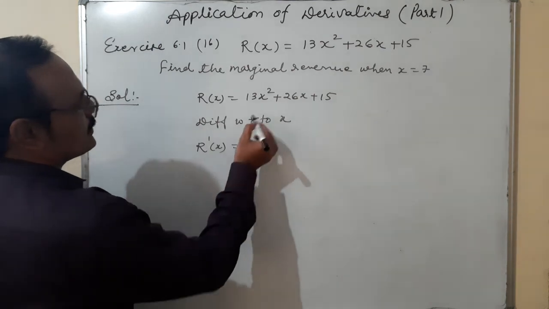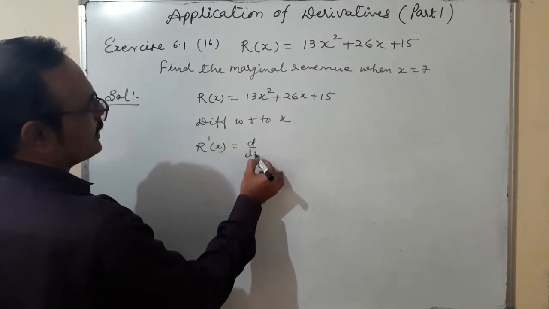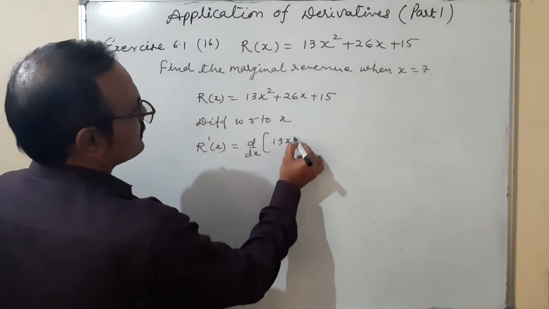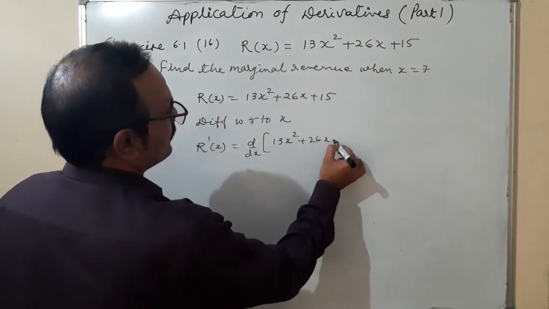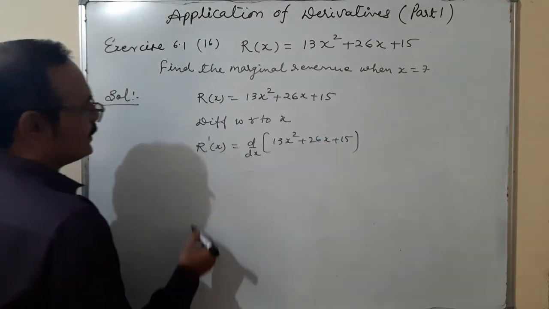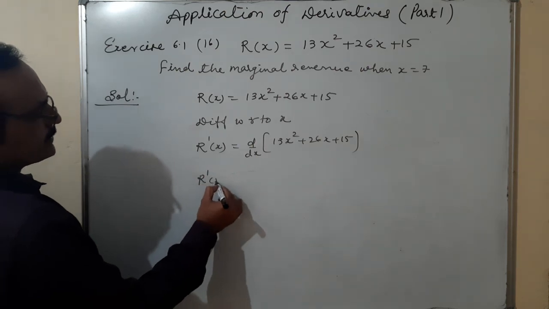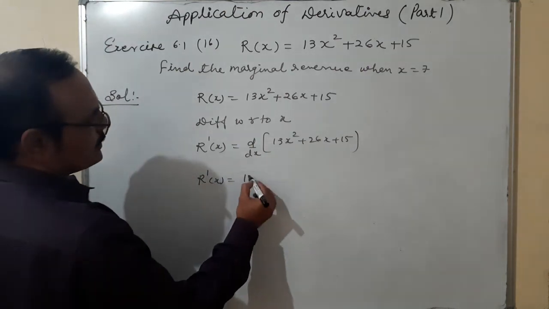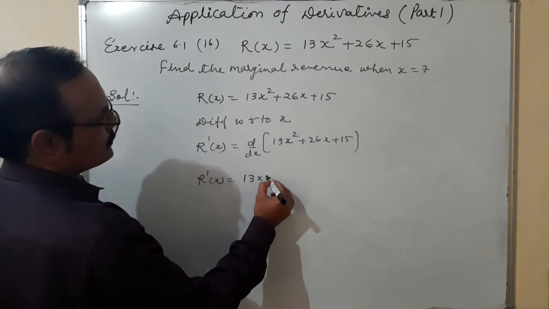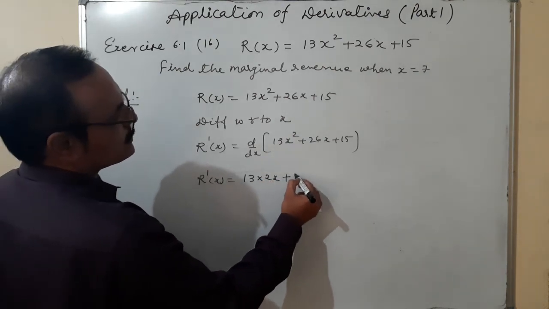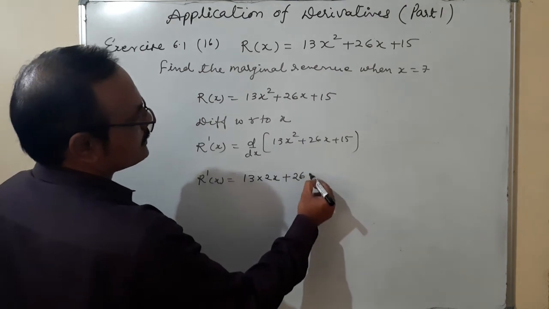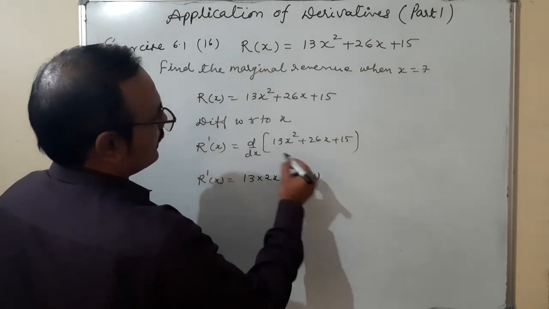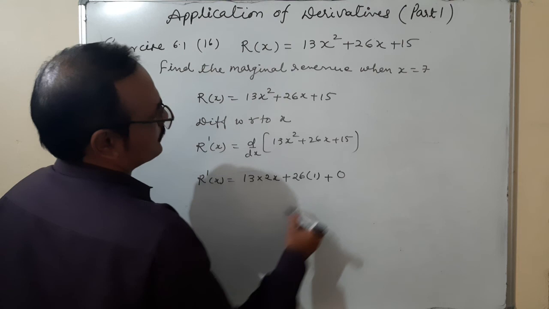So when we differentiate, dR by dx of 13x square plus 26x plus 15, the variable term is only one, that is x. The differentiation of 13x square is 13 times 2x. Plus 26, the differentiation of x is 1. And the differentiation of the constant term is 0.